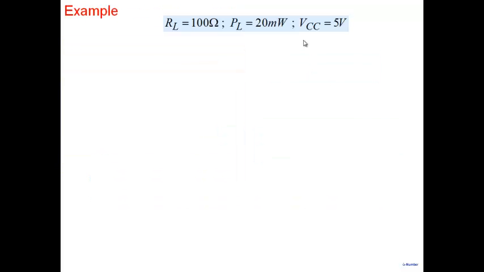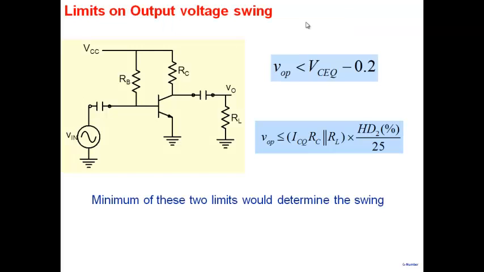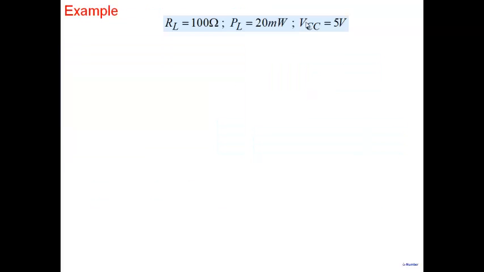All right. So now what we'll do is, instead of doing more analysis, we'll take up an example, and let's see how a common emitter amplifier behaves. Let's take a hypothetical example. You are an engineer in, let's say, an analog circuits company, and your boss asks you to design this amplifier.